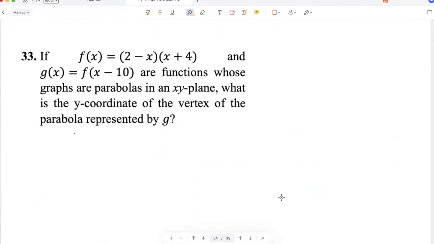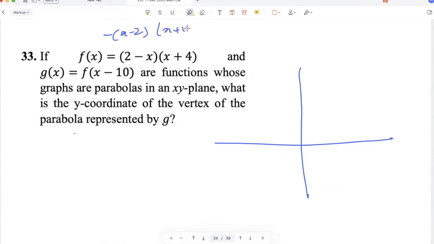If f(x) is this and g(x) is this, they are functions whose graphs are parabolas. What is the y coordinate of the vertex of the parabola represented by g? Let's first write f as minus x minus 2 times x plus 4. So the roots are 2 and negative 4.